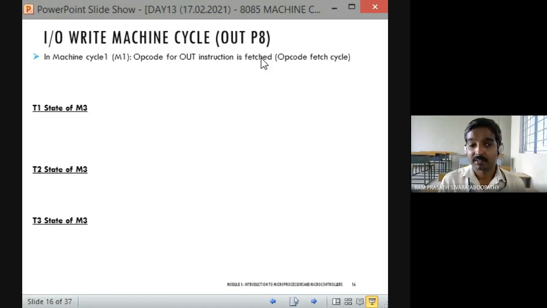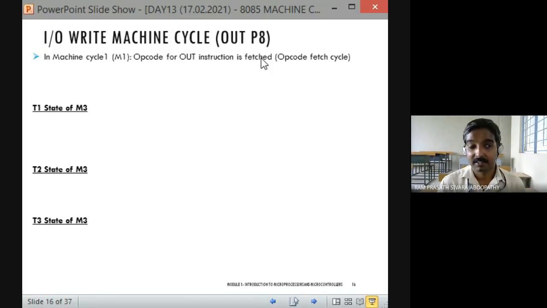Carefully observe what I am saying. The processor has read the opcode D3, it fetches the opcode D3 for the OUT instruction. Now after decoding, the processor knows it has to transfer data from the accumulator to an output device. Does it know the address?